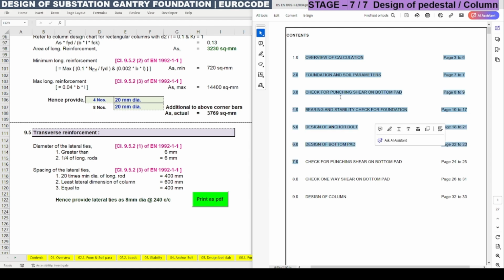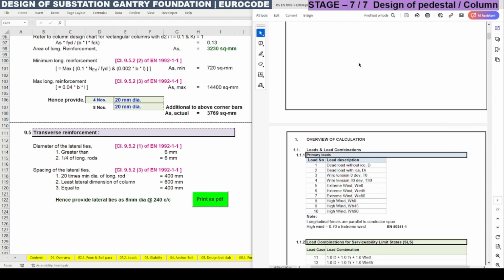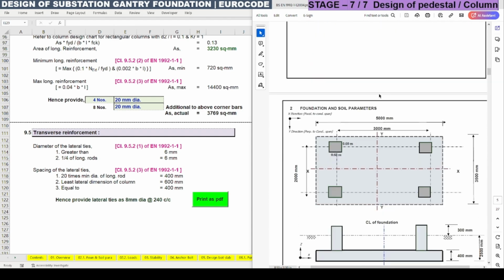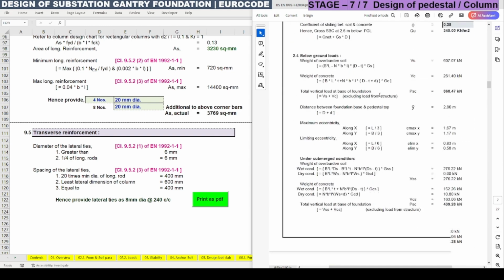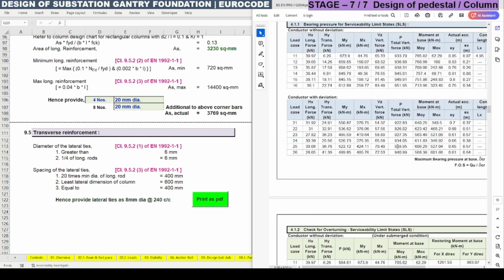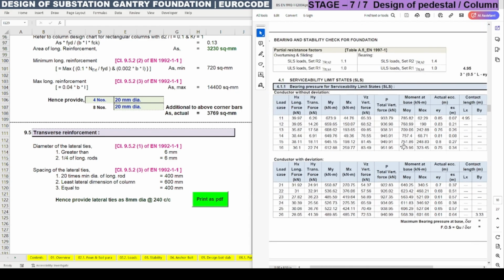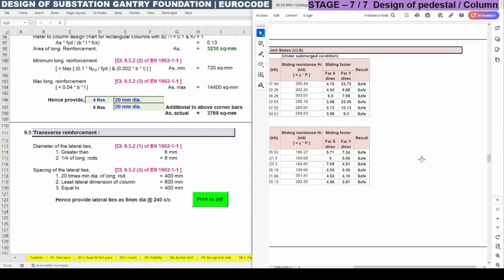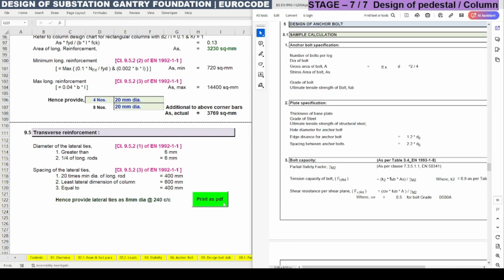The overview of calculation, which we already discussed in stage 1, and foundation and soil parameters, loads, all those things we already discussed. Then check for punching shear, and all those contents, overview of calculation, foundation and soil parameters, loads and load combinations, and the stability check here are all printed now after clicking this print as PDF icon.